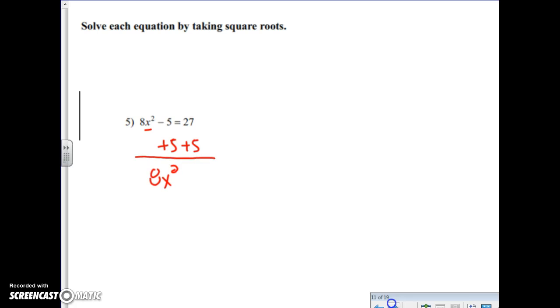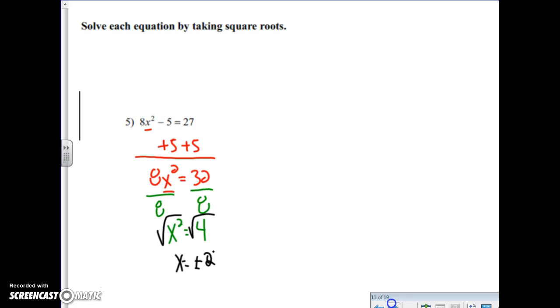So I get 8x squared equals 32. Now, x squared is not by itself yet, so I have to divide both sides by 8. So I get x squared to be 4. And now to get x by itself, I just square root both sides, and I get x to be plus or minus 2.